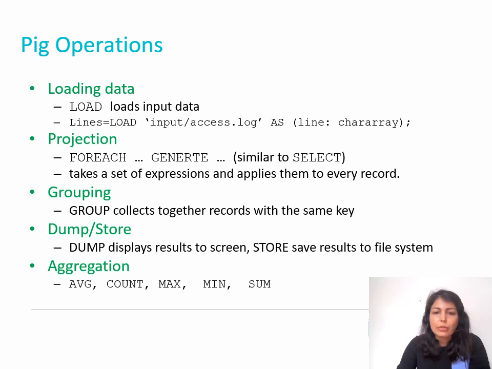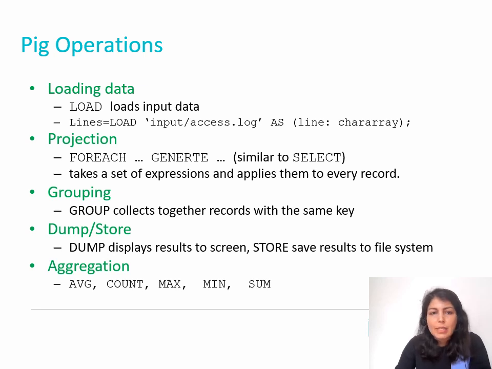Grouping is possible, so that you collect some of the records together. Dump and store: the dump operation can display the results to the screen, and store can save the results to the file system. Aggregation includes functions like average, count, max, mean, and sum.